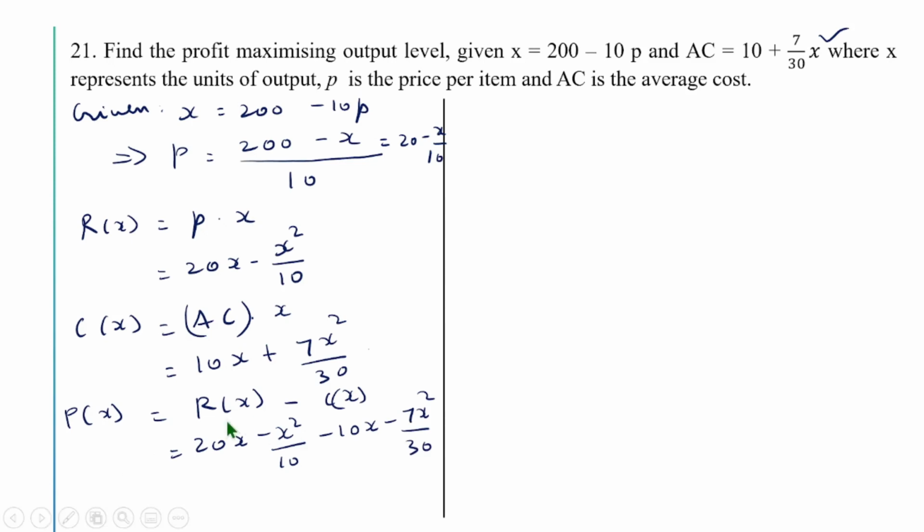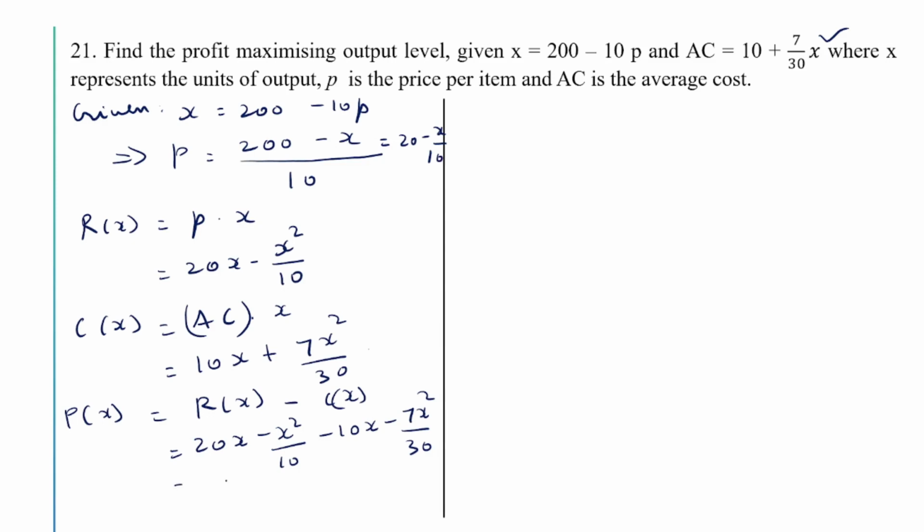So here 20x minus 10x is 10x, and here minus x square by 10 minus 7x square by 30. LCM is 30. So from that we have minus of 3x square plus 7x square. It is minus 10x square by 30.